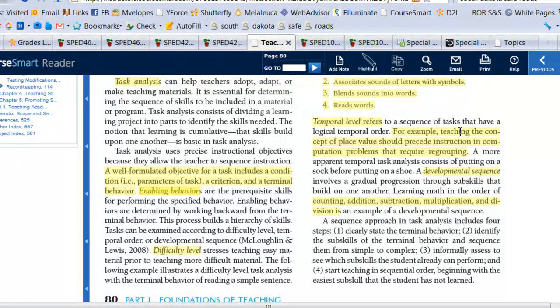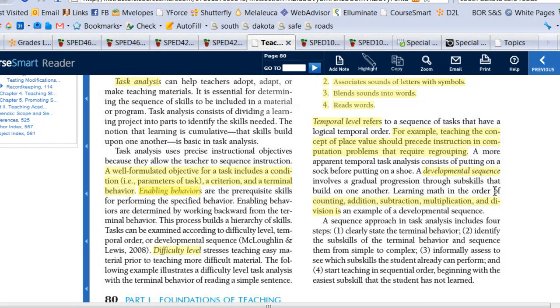Temporal sequence of tasks that have logical or temporal order. For example, teaching the concept of place value should precede instruction in computing problems that require regrouping. A more apparent temporal task analysis consists of putting on a sock before putting on a shoe. Okay? You've got to have this skill to do this skill.